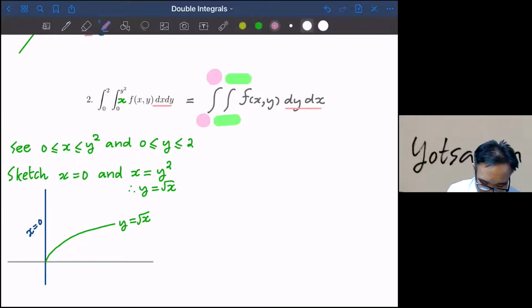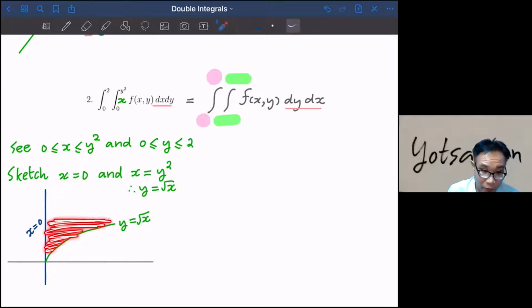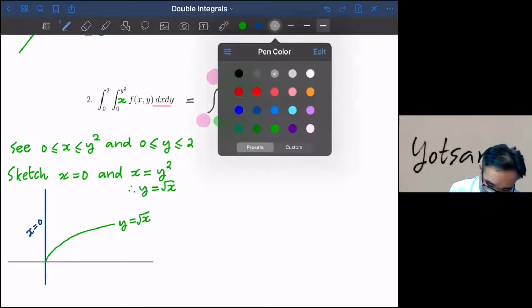So take a look here first. You have the curve x equals 0, and you have the curve y equals root x, which is this parabola, and the region turned out to be this region. It continues infinitely. However, the range for y is from 0 to 2, so it's not going to be the whole picture. It's going to be just 0 to 2.